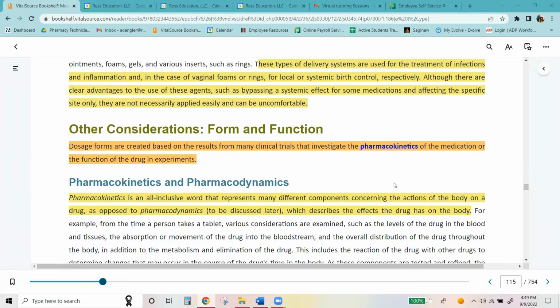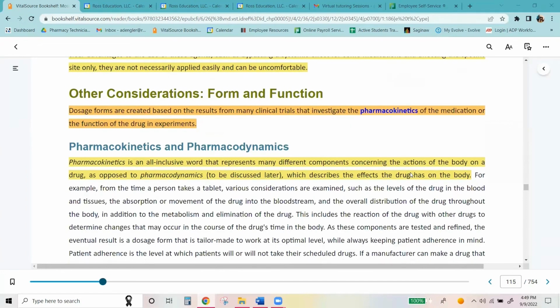Dosage forms are created based on the results from the clinical trials that investigate the pharmacokinetics of the medication or the function of the drug in the experiment. Pharmacokinetics is an all-inclusive word that represents many different components concerning the actions of the body on a drug, as opposed to pharmacodynamics, which describes the effects the drug has on the body.